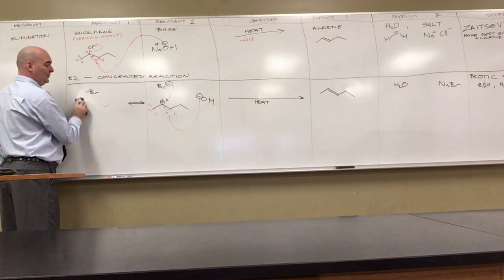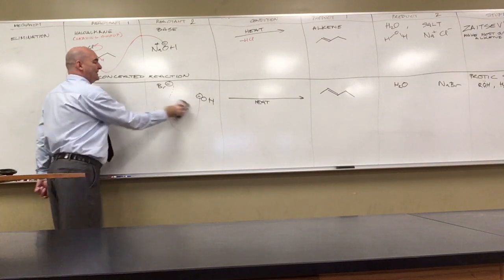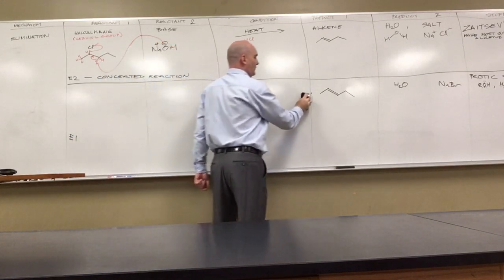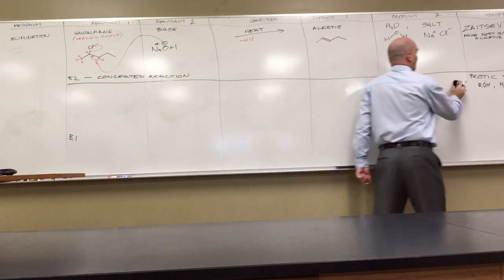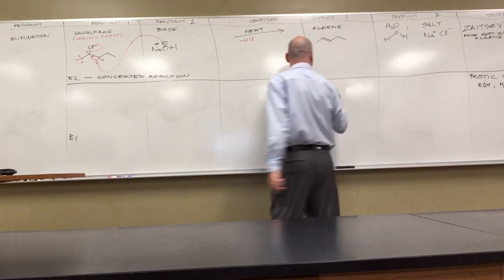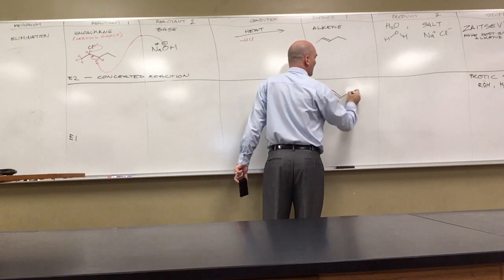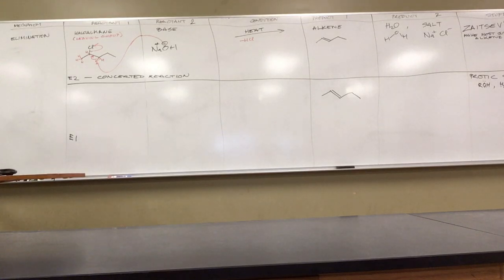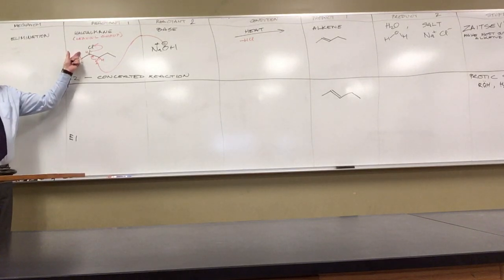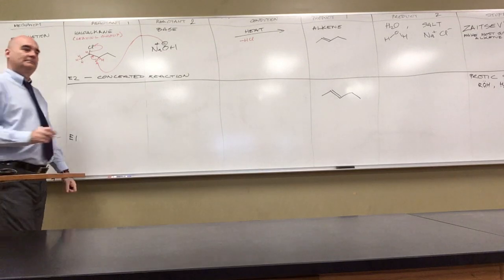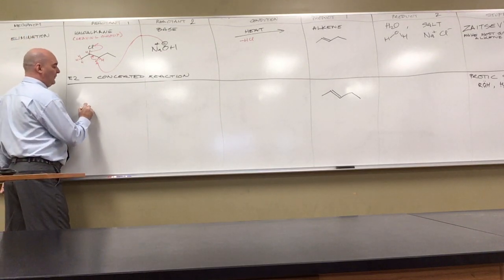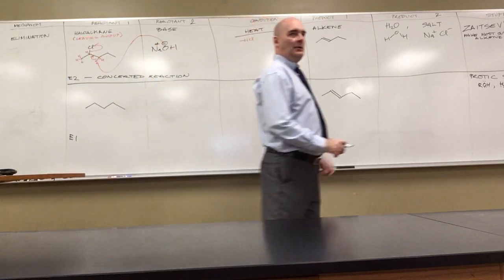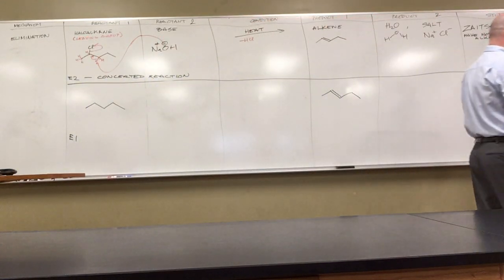So you can keep what you've got, but for the sake of space on the board, I'm going to erase it all again and tell you to do that problem again. Only don't use a haloalkane. Give me a 5-carbon molecule to start with that is not a haloalkane.